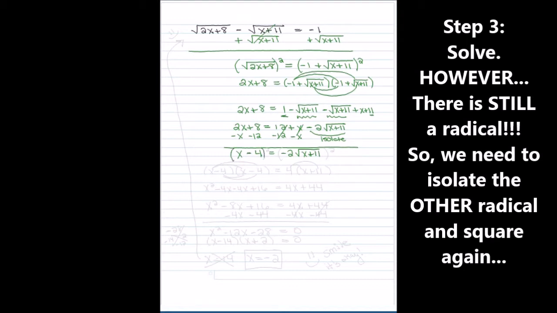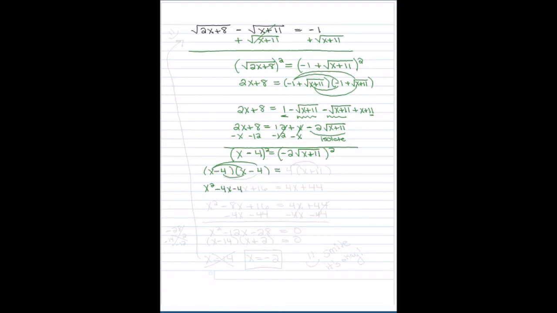Now I square again because I have another radical I need to get rid of. So I square both sides. I do x minus 4 times x minus 4, so I have to FOIL this out, which is going to give me x squared minus 4x minus 4x again, and negative 4 times negative 4 is positive 16.